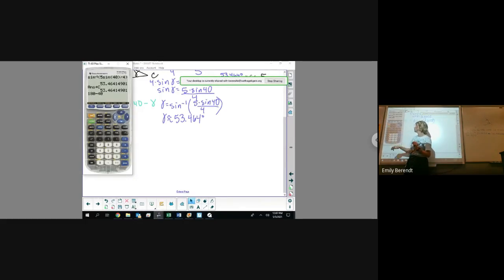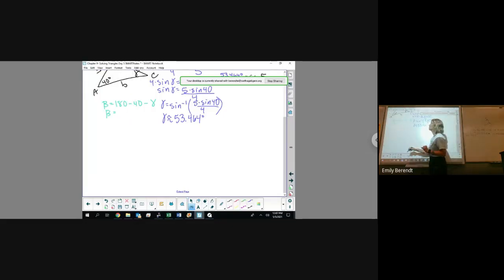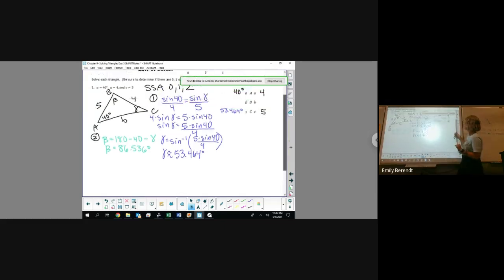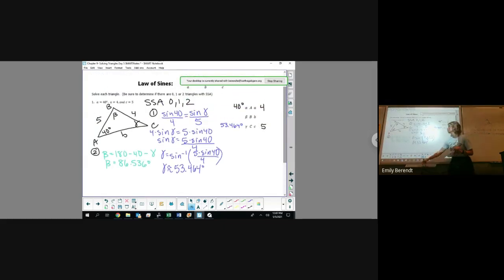So 180 minus the original 40 minus C. And then store that value to B. 86.536. Put that in your chart.